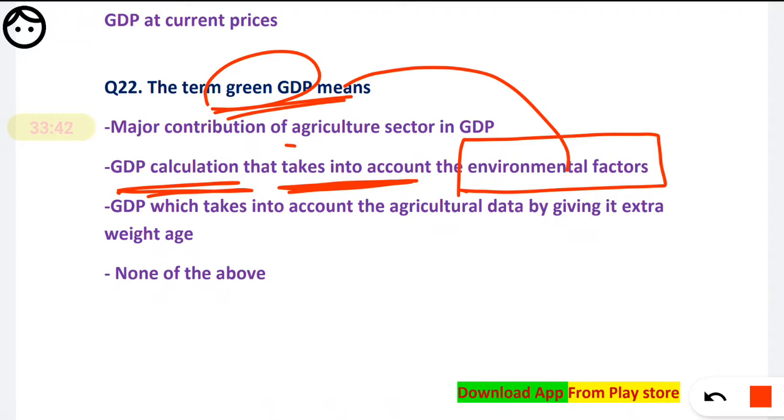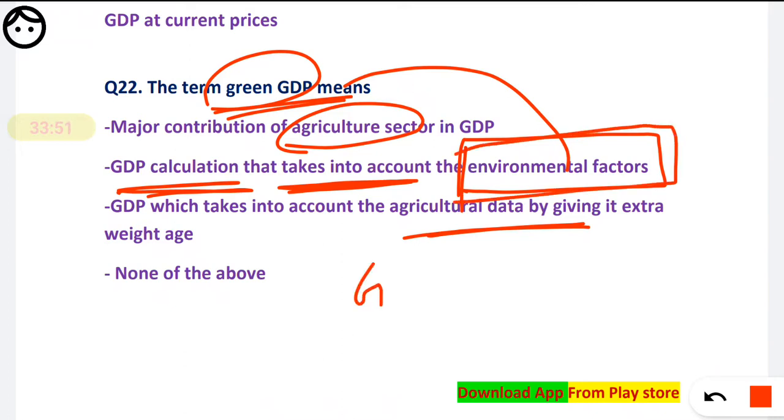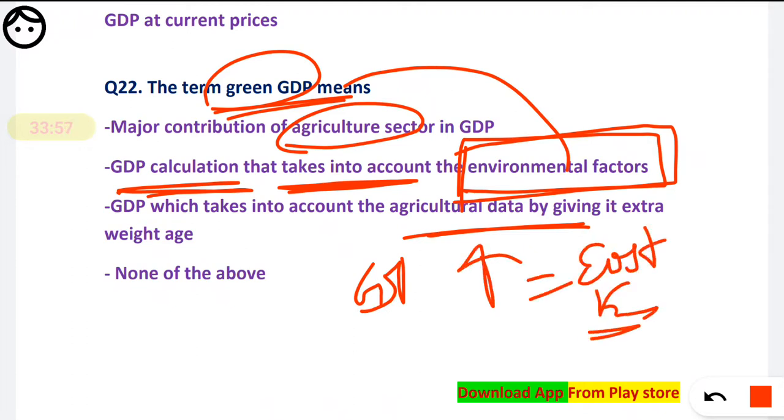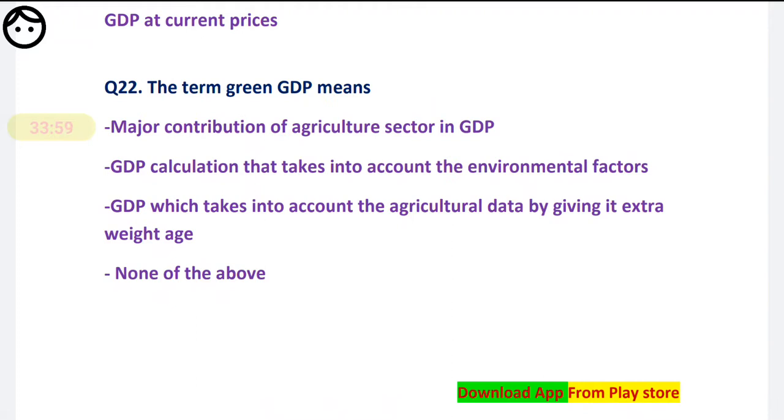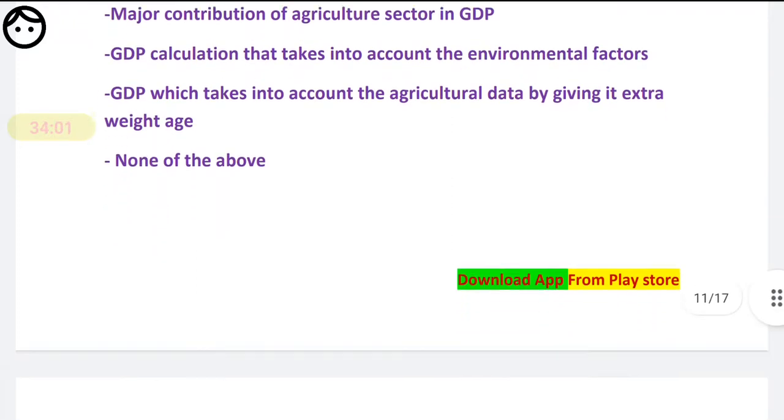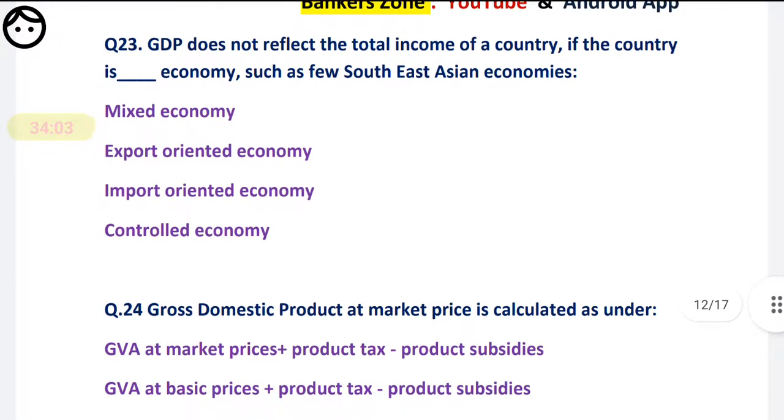Not agriculture, not fruits, not any extra weightage. It means you should not progress at the cost of the environment; the environment should be considered. That's why just remember, green GDP is nothing but the effects of environmental factors.